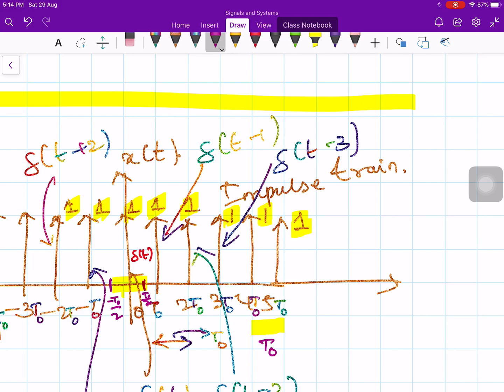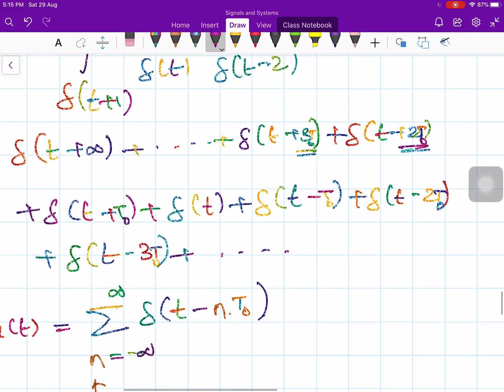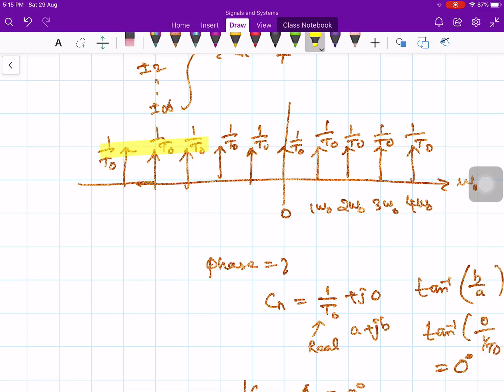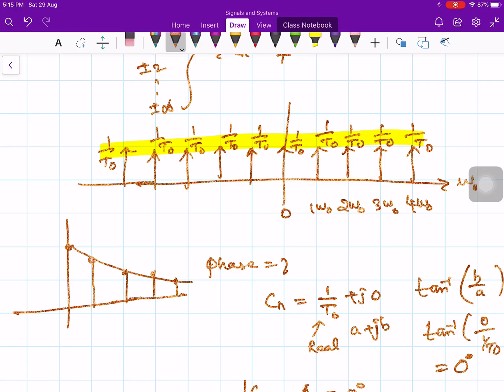Then the spectrum for that is flat. If you look at the spectrum, it is flat, constant, 1 over t naught. They do not go down as n goes up. Generally the spectrum goes down, right? Initially it will be like this, then it reduces, then reduces again. But here it is not decreasing as n goes up. They retain the same level.